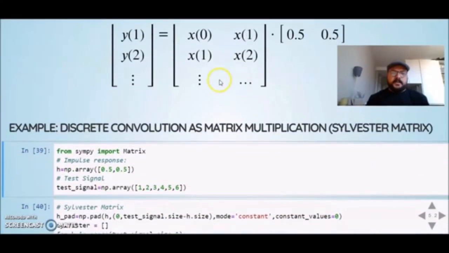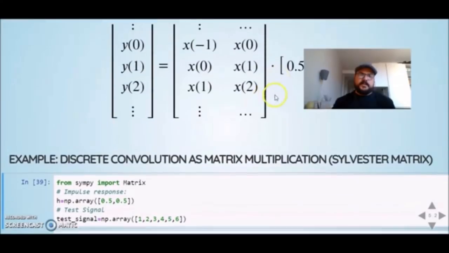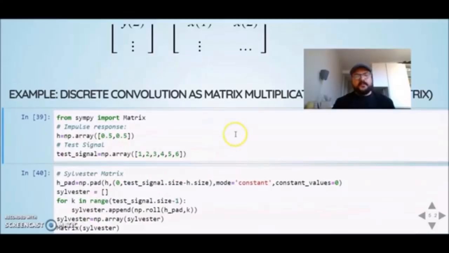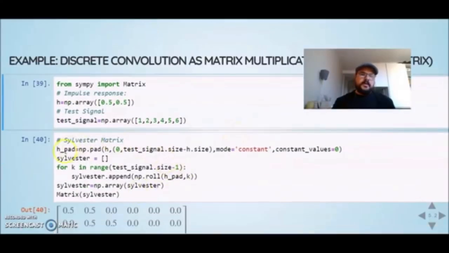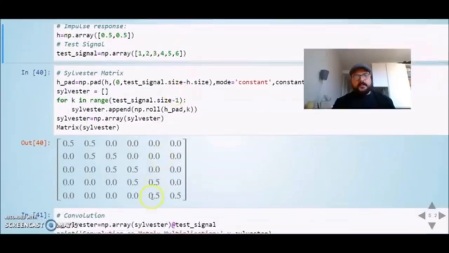So we can have an example. I will use the impulse response the same as we have here, 0.5 and 0.5. And our test signal will be a sequence of numbers from 1 to 6. Here I'm creating the Sylvester matrix. So we have from our vector of impulse response, now we change it into matrix form using this so-called Sylvester matrix.